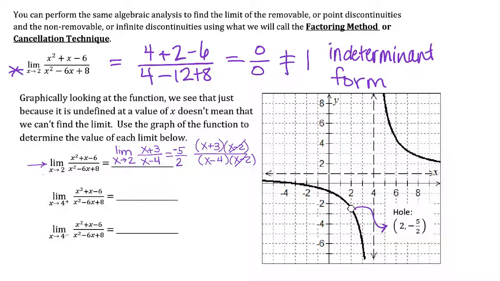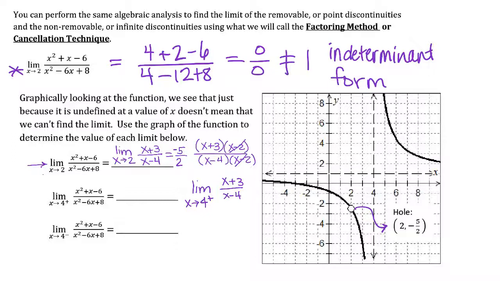Well, we see that we have just our one-sided limit, and if we plug straight into our function, let's go ahead and use the reduced form. So I'm going to bring down this limit as x approaches 4 from the right of x plus 3 over x minus 4.